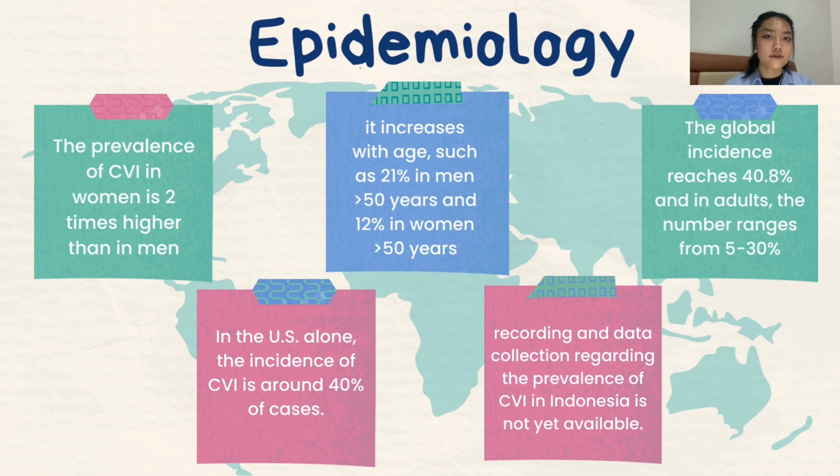The global incidence of CVI reaches 40.8%, and more specifically in adults, the number ranges from 5 to 30% of cases. In the US alone, the incidence reaches around 40% of cases. On the other hand, recording and data collection regarding the prevalence of CVI in Indonesia is not yet available. So that's all from me. The next will be explained by my colleague. Thank you.